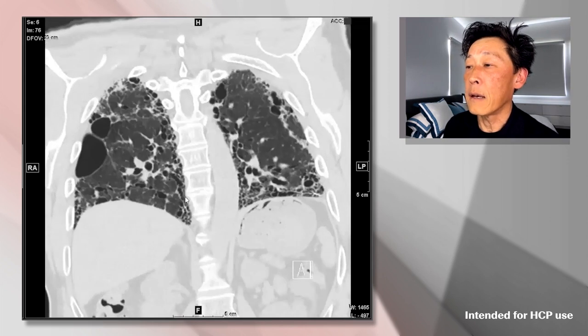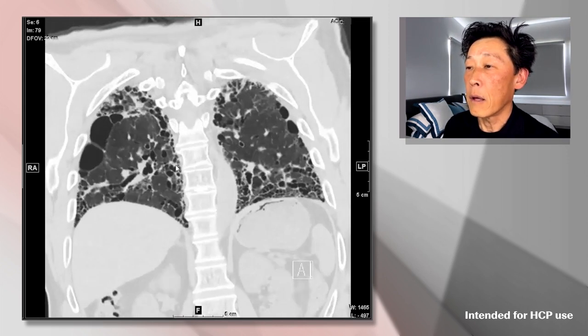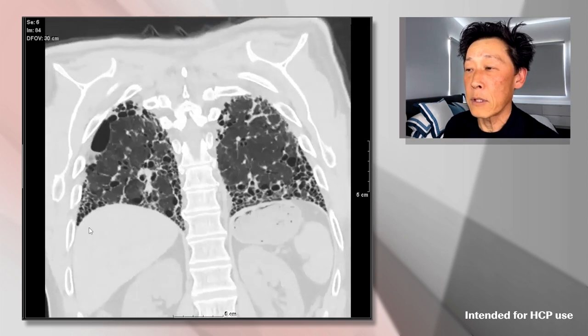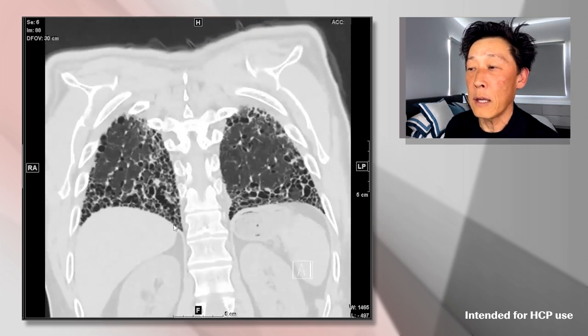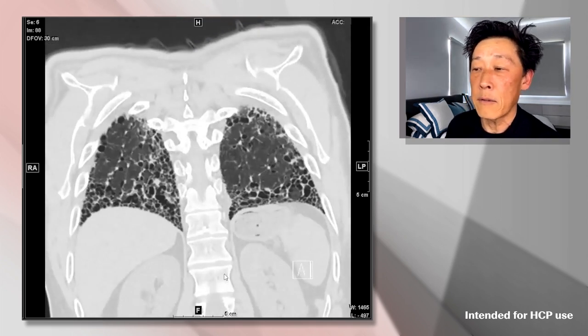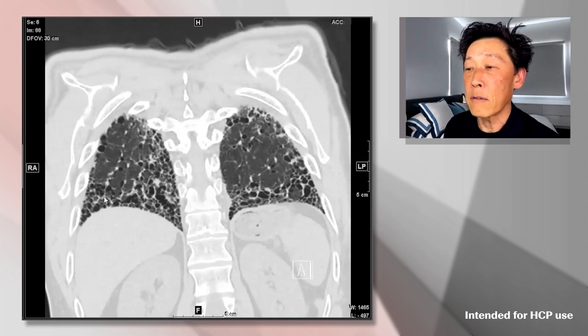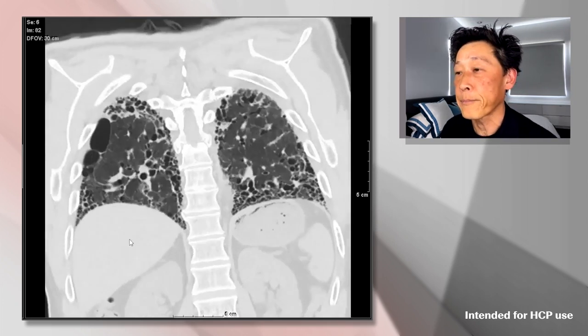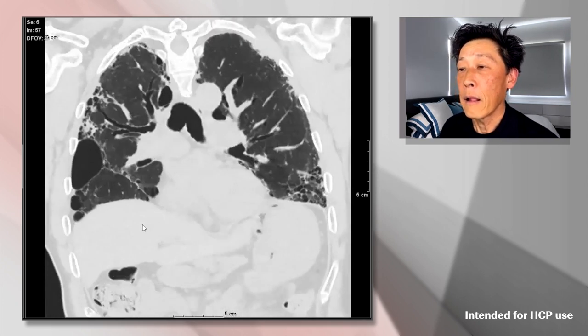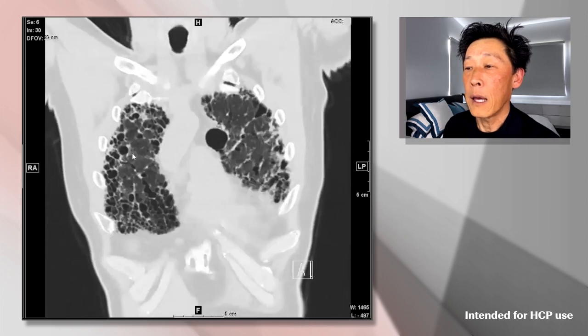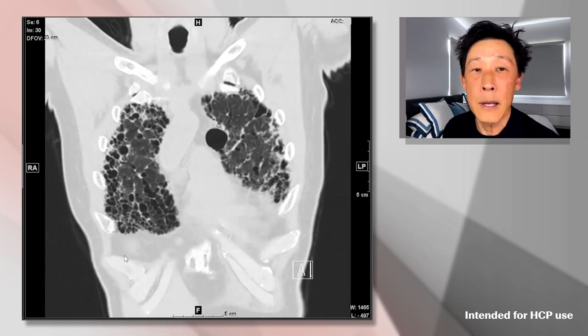We can see that the disease is clearly peripheral, and it has a basilar distribution. And as we get to the posterior lung bases, and again, this is the spine for reference, we see that there's a lot more of this honeycombing, not only in the periphery of the lung, but favoring the lung bases as well. And here anteriorly, we can see again peripheral and basilar predominance of the abnormality.